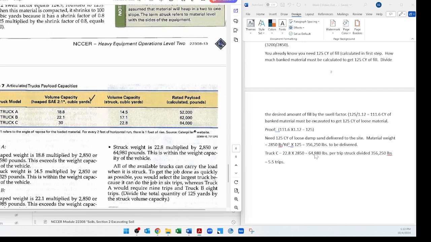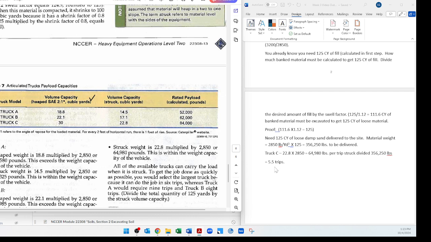So it can haul one trip of 64,980. That's one trip. So if you take 356,250 pounds and divide it by 64,980 pounds per trip, you'll get 5.5 trips.